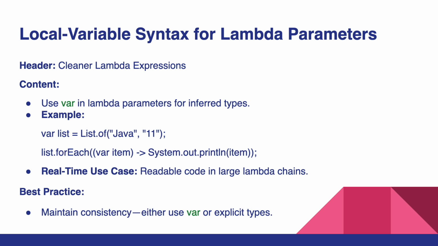Local variable syntax. Java 11 introduced the ability to use var in lambda expressions, bringing a new level of flexibility and readability. Now, when processing a list of elements, you can use var in lambda parameters to simplify code while still benefiting from type inference.